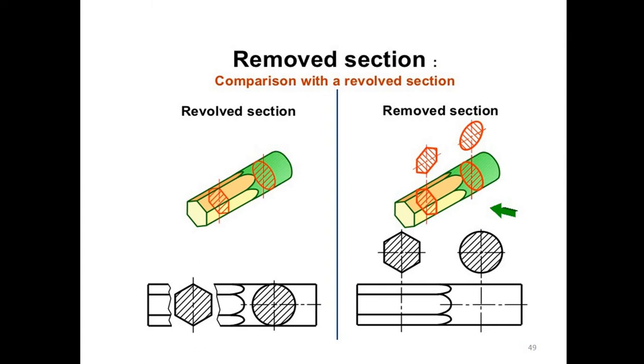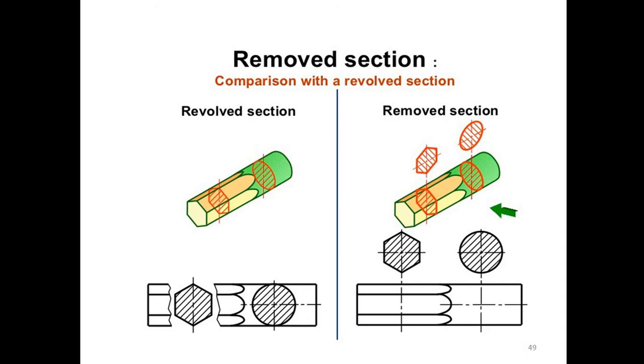When it is cut, we can draw its removed section anywhere on the figure, and you can call it section XX or section YY, whatever name we give it. From this it is clear that in a revolved section, for understanding its internal geometry, we tilt or rotate the cutting plane by 90 degrees and draw the geometry near that surface.